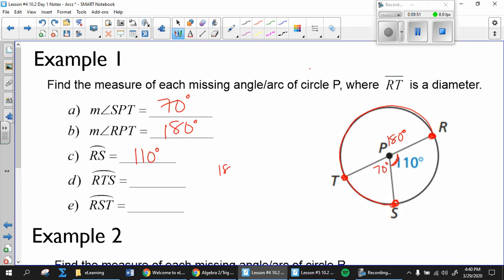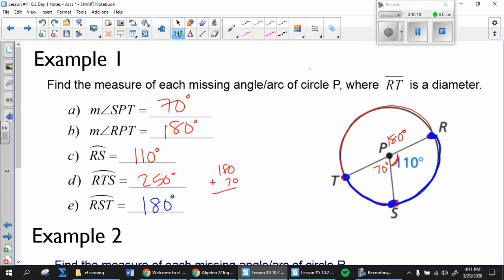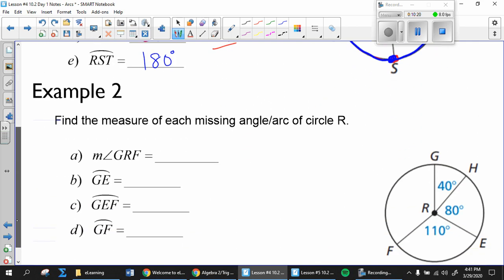So to find this, we're going to take the 180, which is the semicircle. We're going to add the 70 to that, and that's going to give me 250 degrees. Arc RST, so opposite here. Now we're going RST. Okay, we know that that's a semicircle. So since it's a semicircle, it's just going to be 180 degrees.